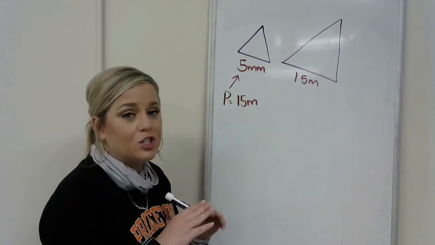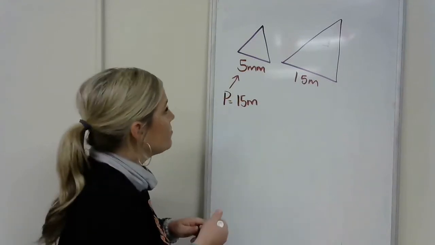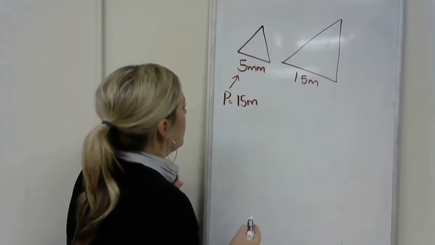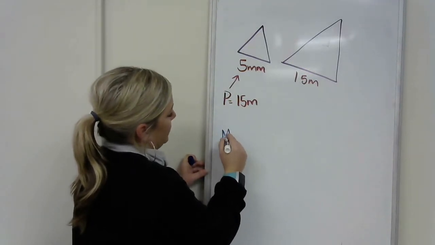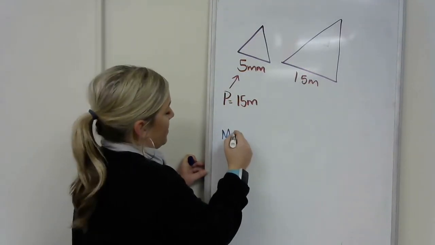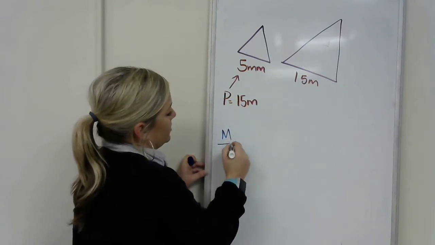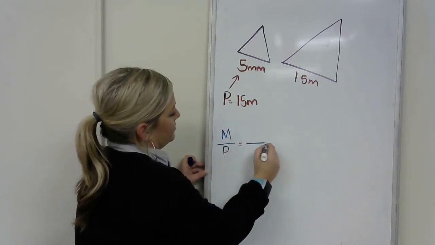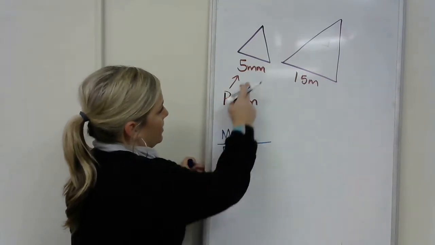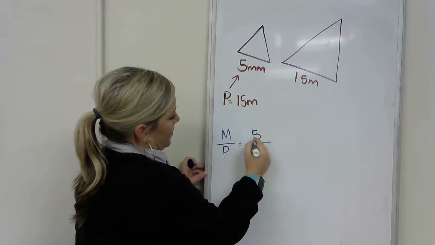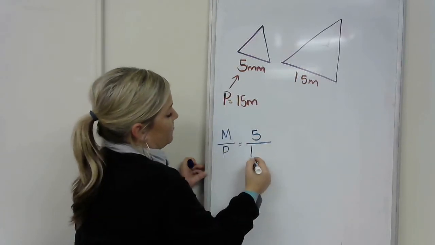Maybe you will. I'm going to show you two ways you can solve this. I'm going to label the measurement side, the measurement we know, and then the perimeter that we know. The measurement we know is 5 right here, and the perimeter that we know is 15.